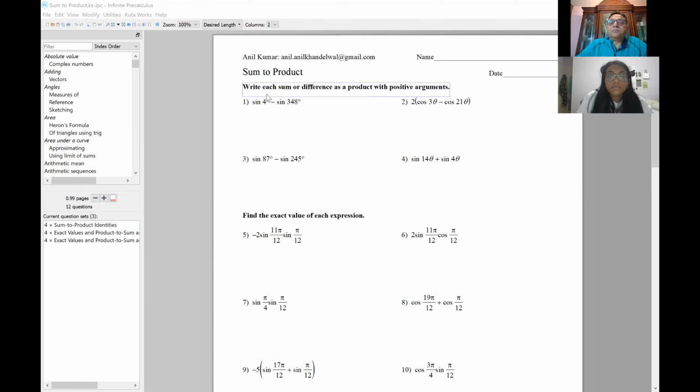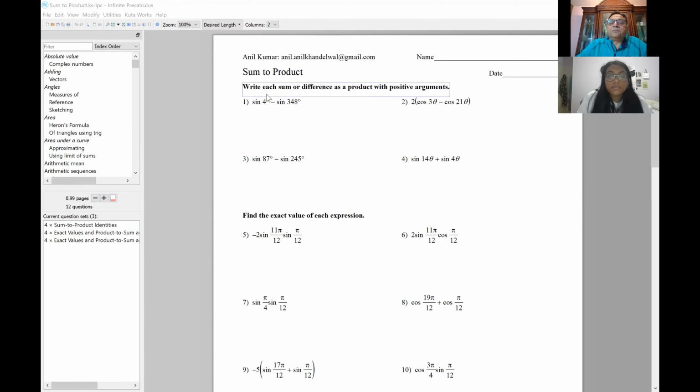Adding 4 degrees and 348, that is 352. Divide by 2, 176.